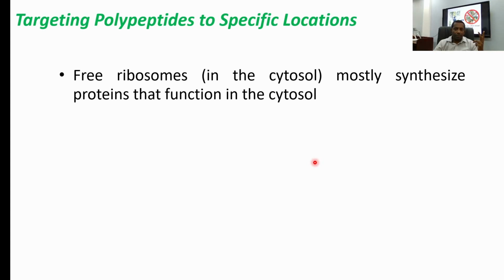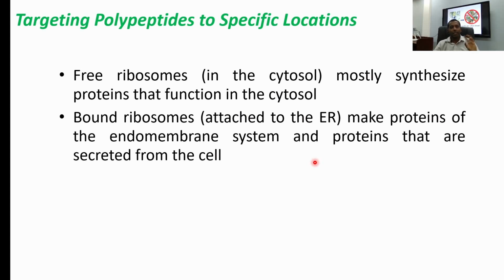There are two types of ribosomes in a cell. We call them free ribosomes, which are unbound ribosomes present in the cytoplasm, and these ribosomes synthesize proteins that are functional in the cytoplasm. The other type are called attached or bound ribosomes.